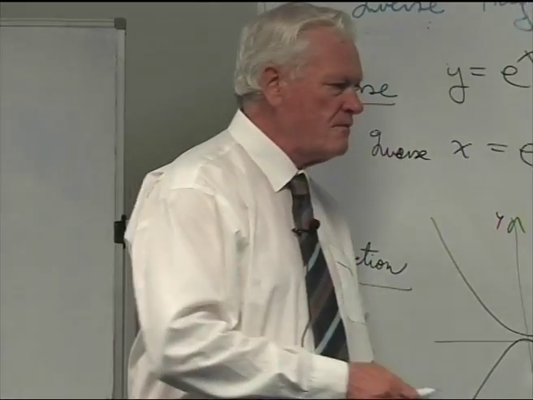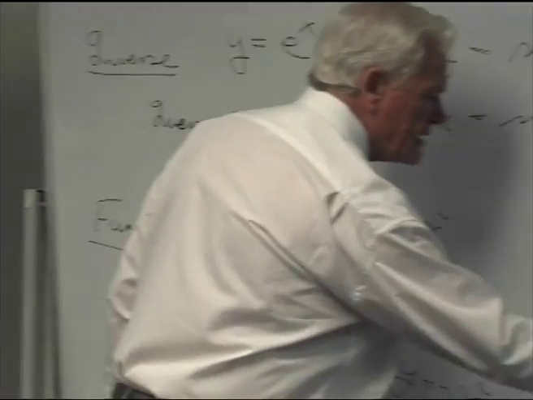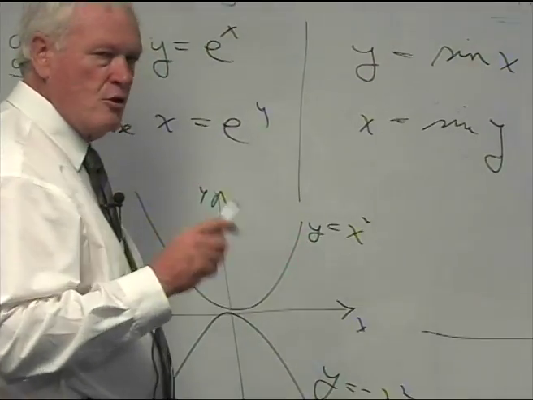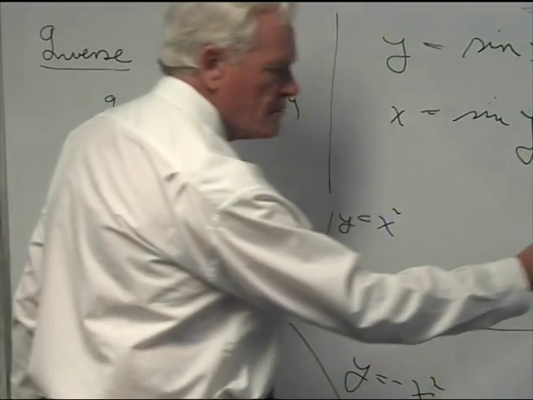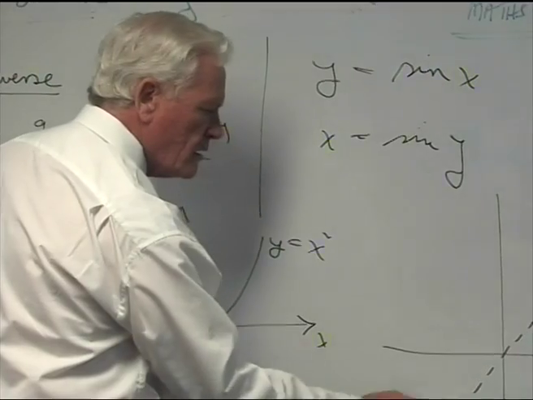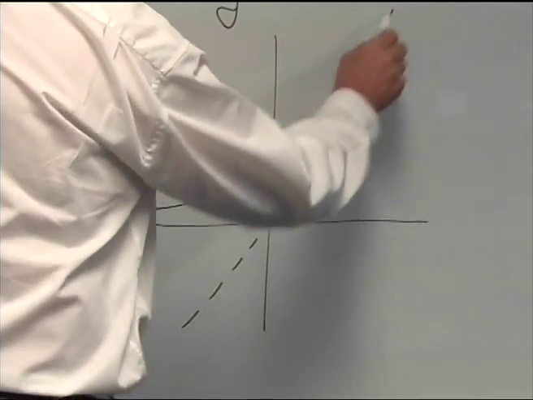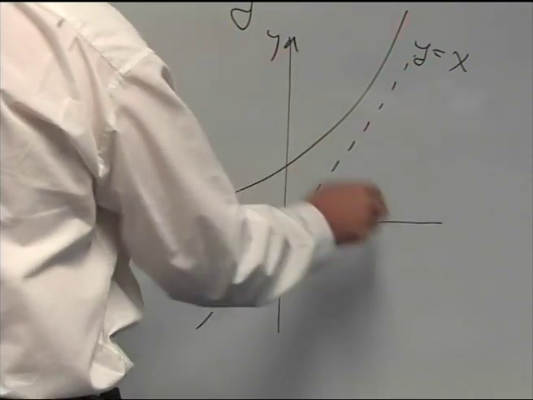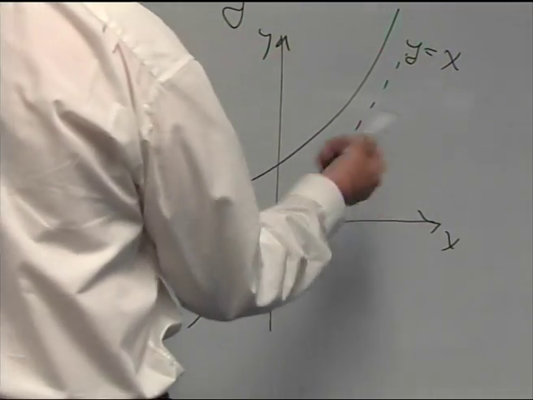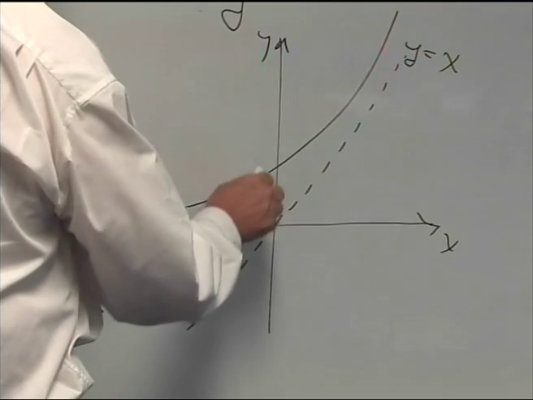So what is an inverse? An inverse is a reflection, not in the x-axis or y equals 0, but in the line y equals x. Now this is not particularly hard to prove, it's quite easy actually. What's the reflection without knowing any maths at all?